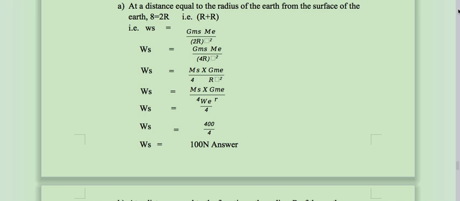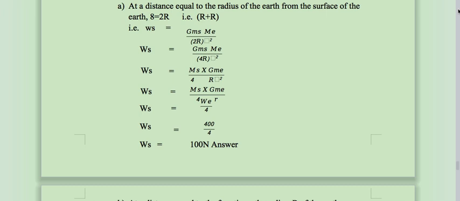Remember that the mass of the Earth term, when we bring it out, gives the mass of the satellite times the universal gravitational constant G, times the mass of the Earth, all over R squared.